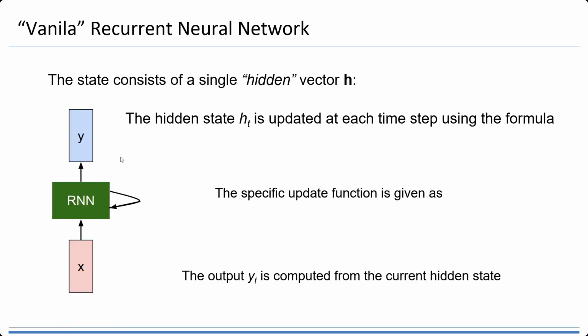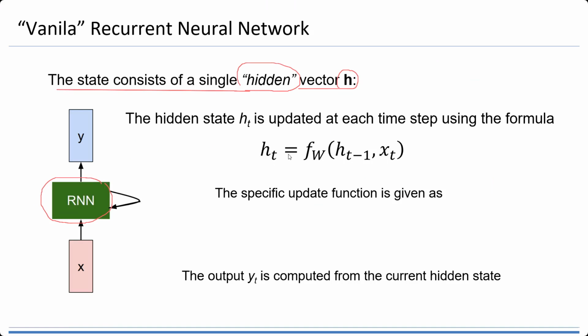So for the vanilla recurrent neural network, we need to understand the state. Now let's consider only a single hidden vector h. The hidden state ht is updated at each time step using this formula, from the previous state with the current input.